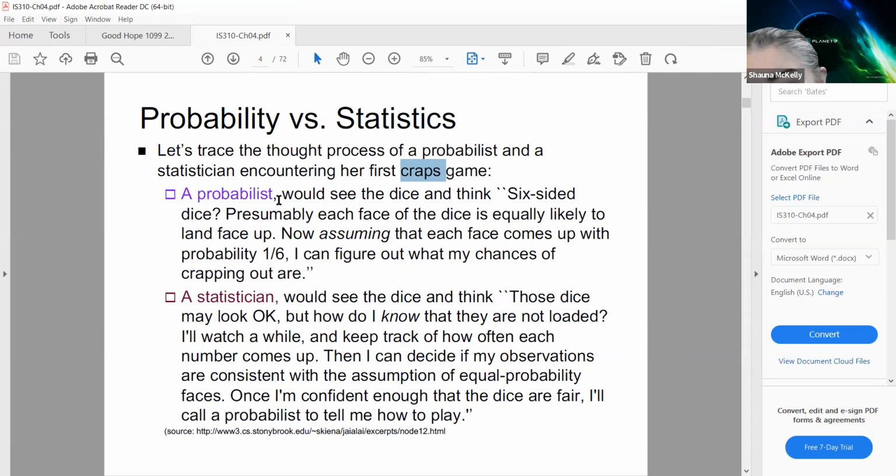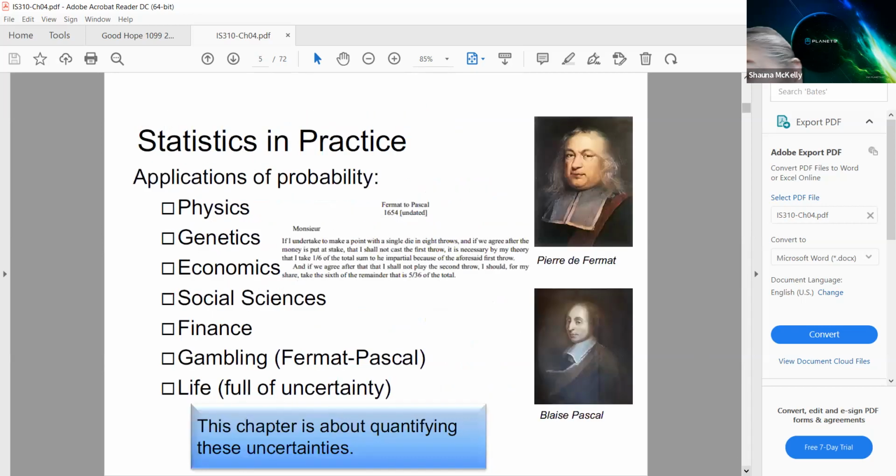And then if that's true, then I'll call a probabilist and ask them to teach me how to play the game if I think my odds are okay. So this is just kind of the thought process and the difference between it. Kind of a nice way to see it. Probably not going to be on your exam, but definitely helpful to your understanding, I think.